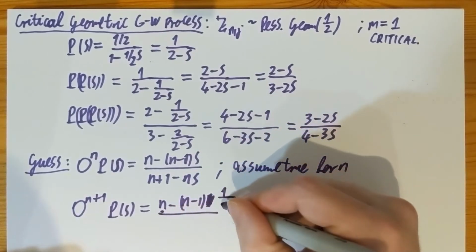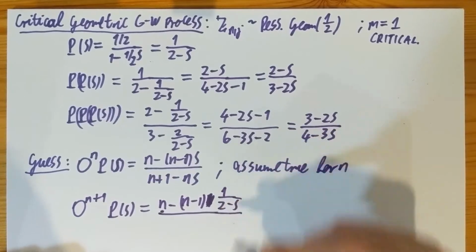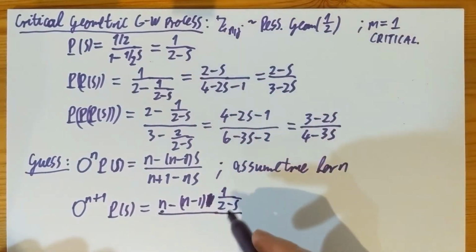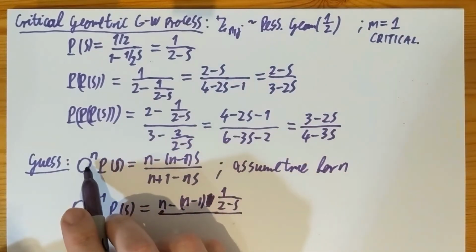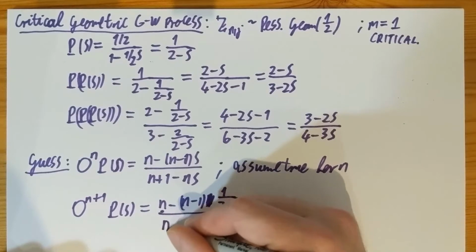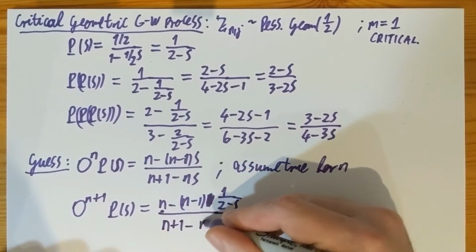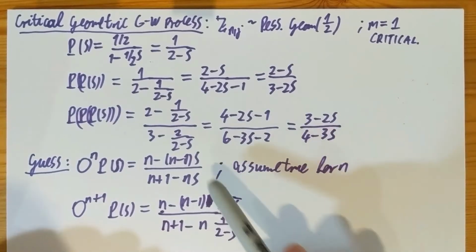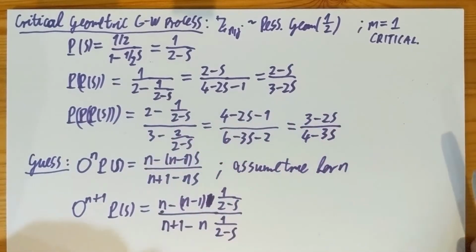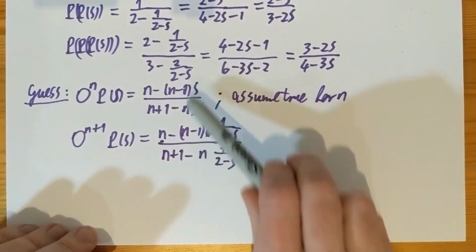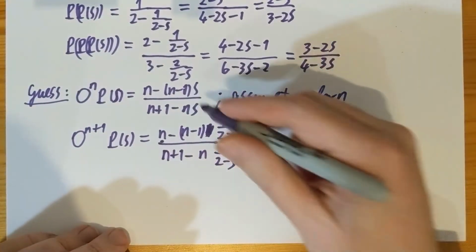Well, what is that something? I'm going to plug in 1 over 2 minus s, which is my generating function, into the n-fold composition, which I assume to be of this form. So I'm going to just plug in one more of these generating functions into the assumed form for the n-fold composition, and let's see if that gives me the same formula for n plus 1.